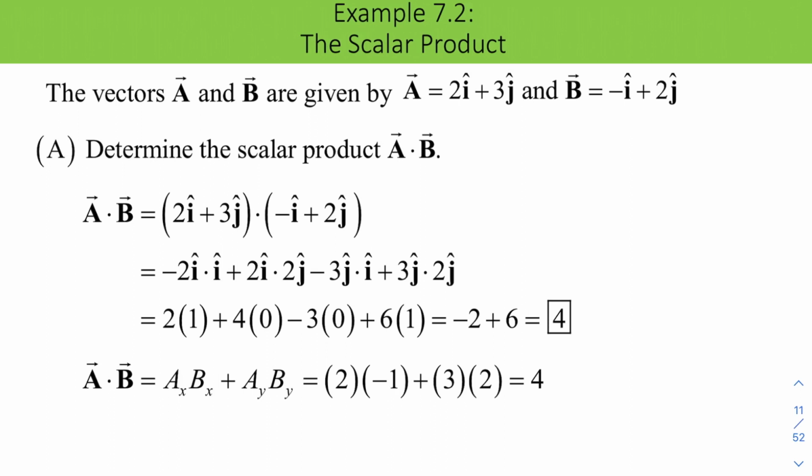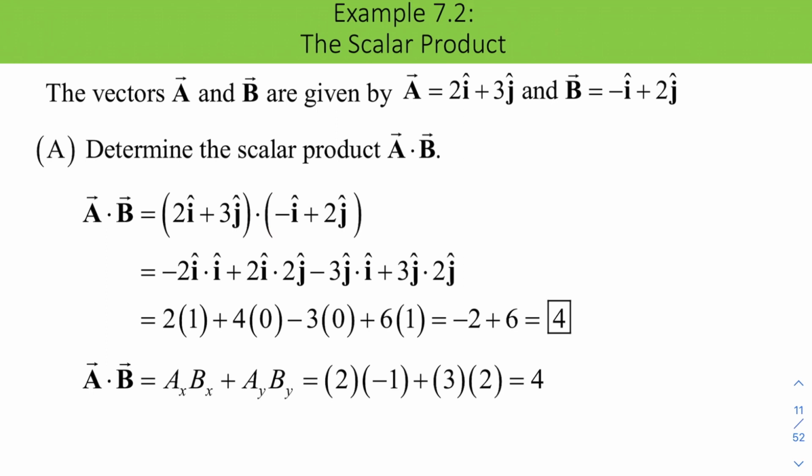Okay, so now what we have here: for A, you have 2 in terms of I, and then positive 3 in terms of J. For B, you have negative 1I, positive 2J. So you are going to do the dot product between them.